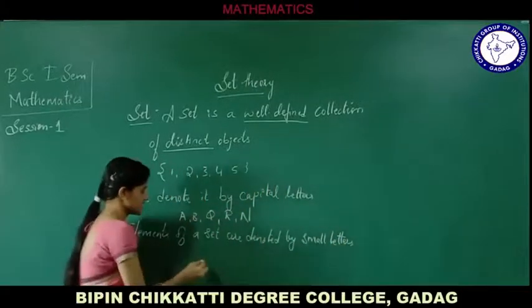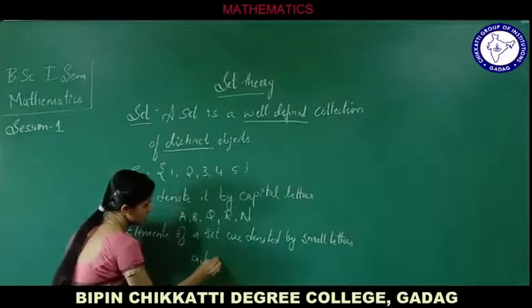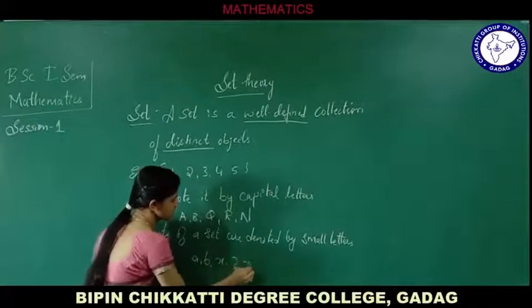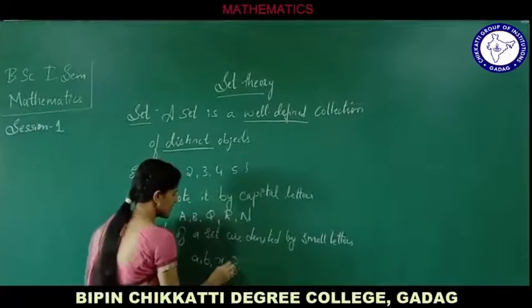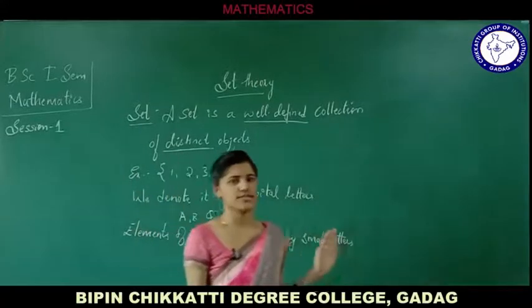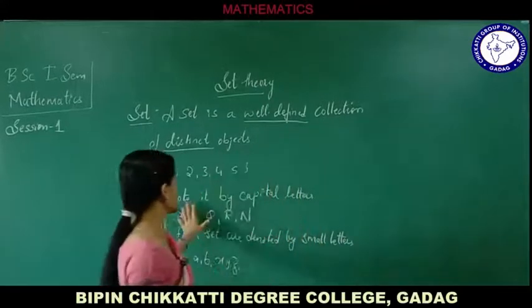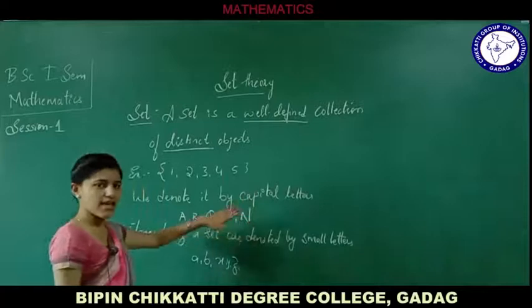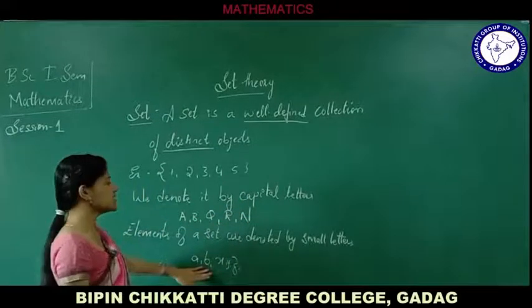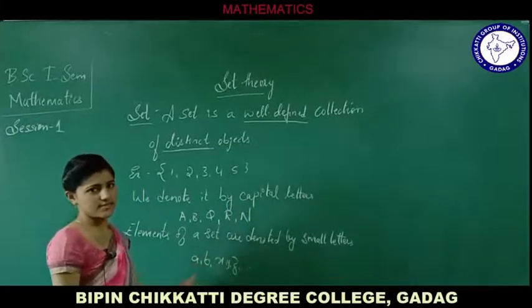We can say a, b, x, y, z and any of the small letters. So, the set is denoted by the capital letters and the elements of a set are denoted by the small letters.